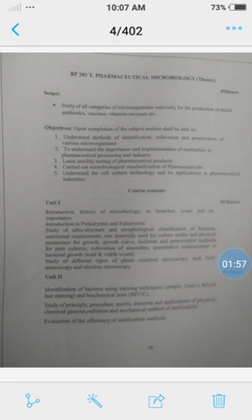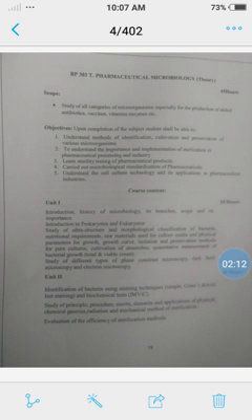What is the need of this subject in our pharmacy field?